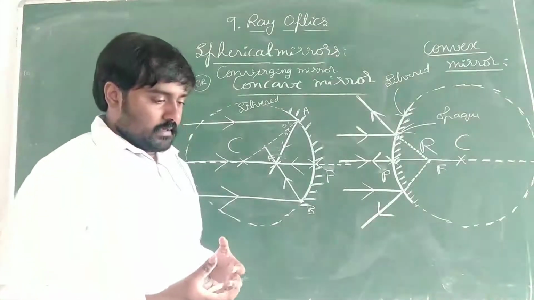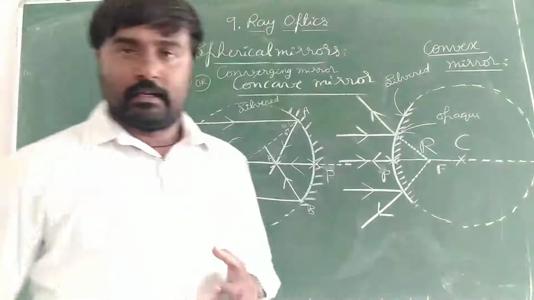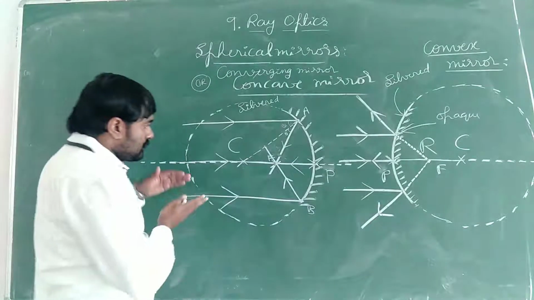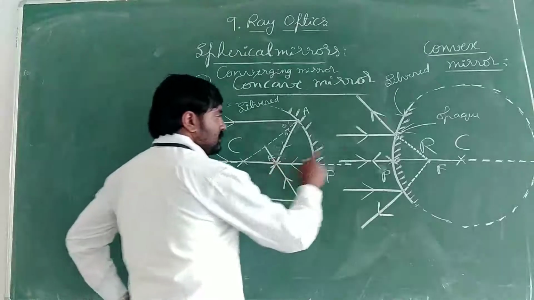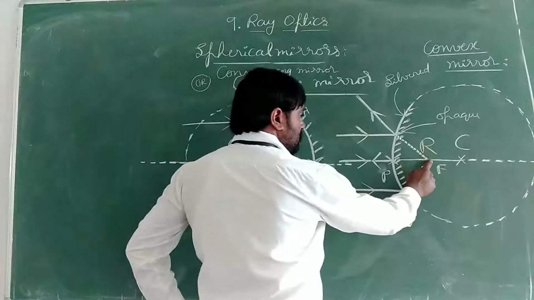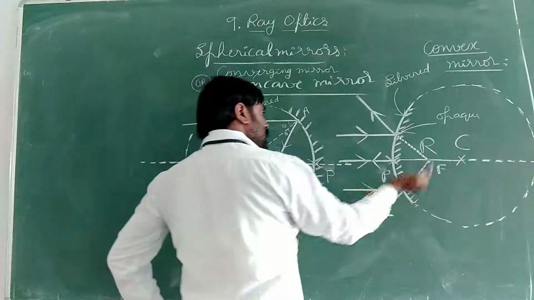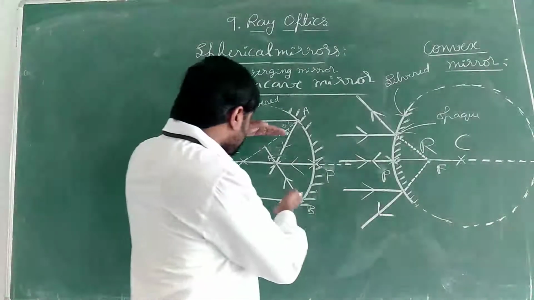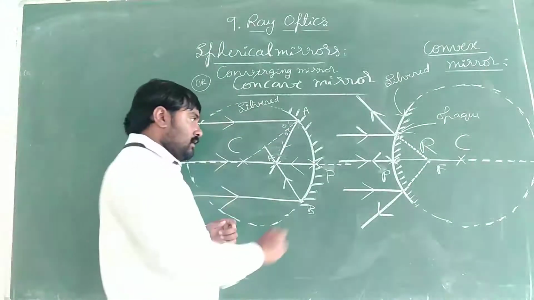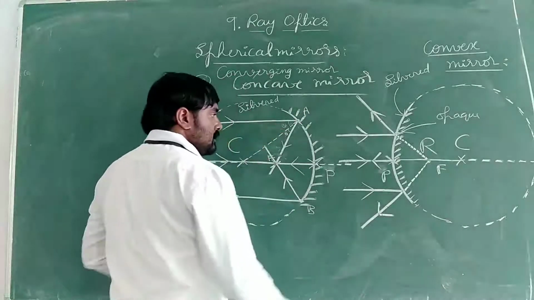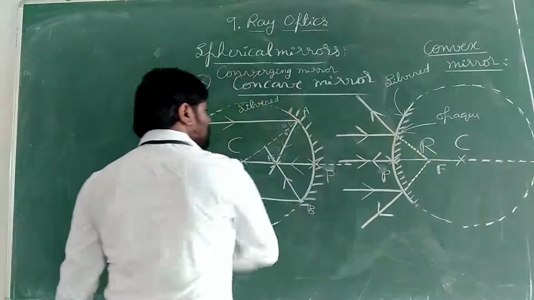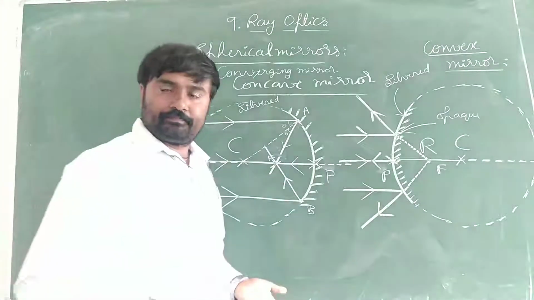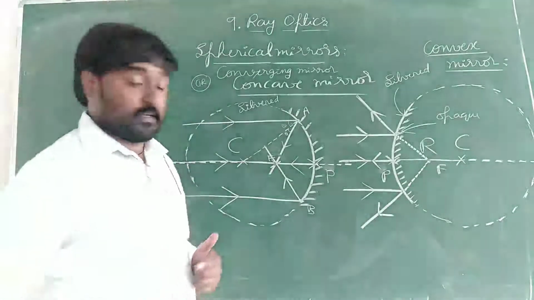Principal focus is a point on the principal axis where the parallel beam of light converges or appears to diverge after reflection from the silver surface of spherical mirrors. That is the meaning of the principal focus.